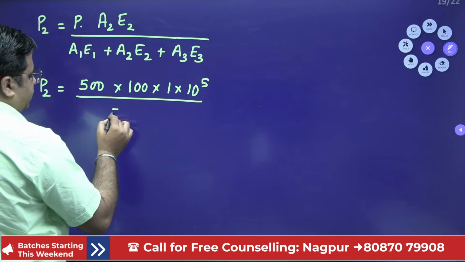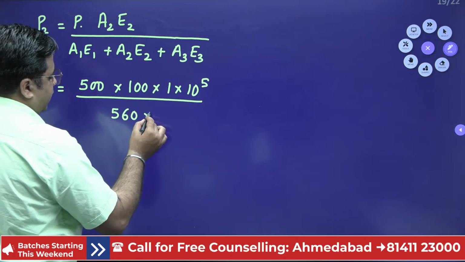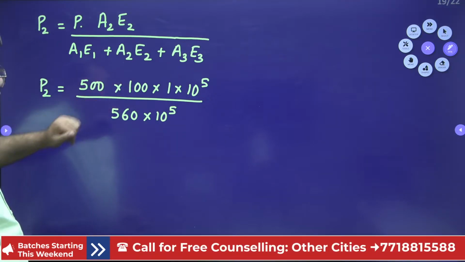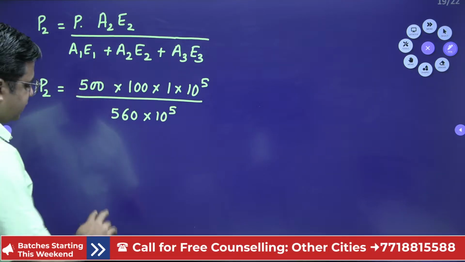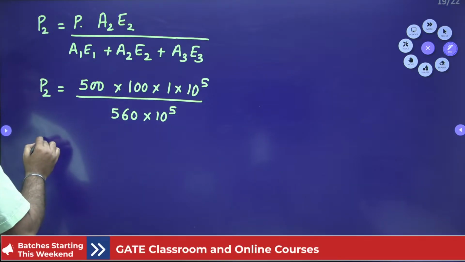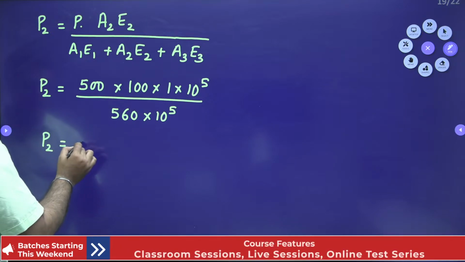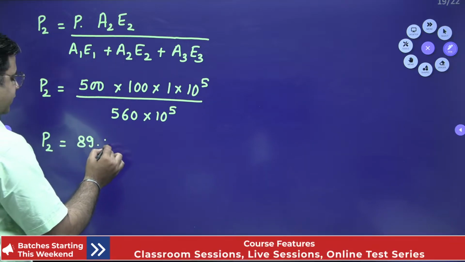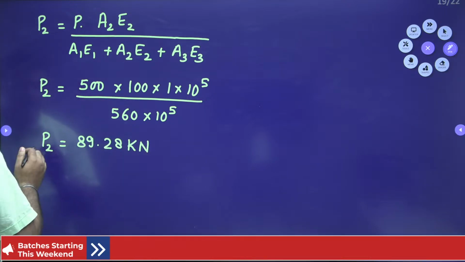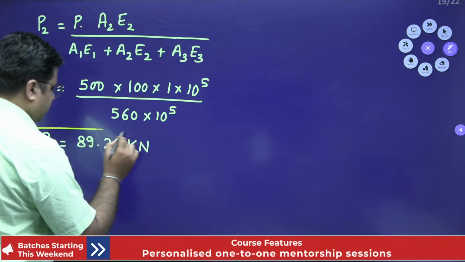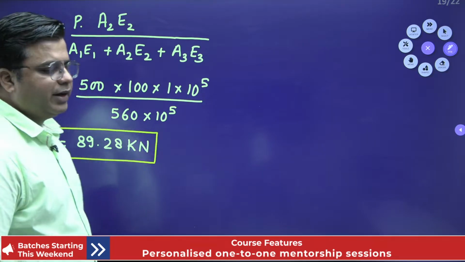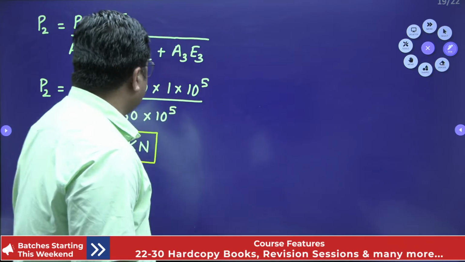So again this comes out to be 100 by 560, which is again 89.28 kilonewton. So P2 comes out to be 89.28 kilonewton, right? Now moving to P3.